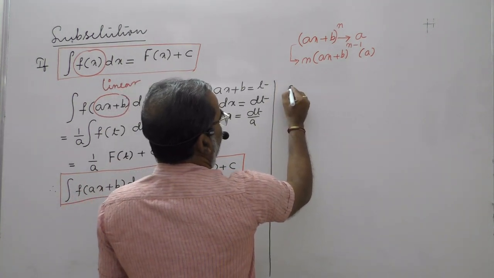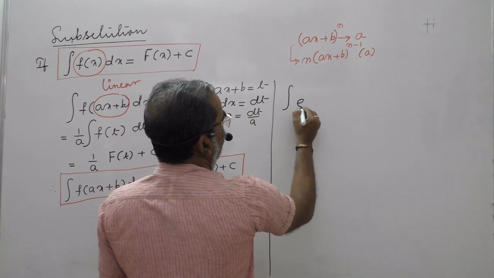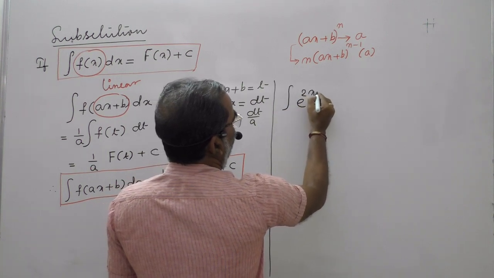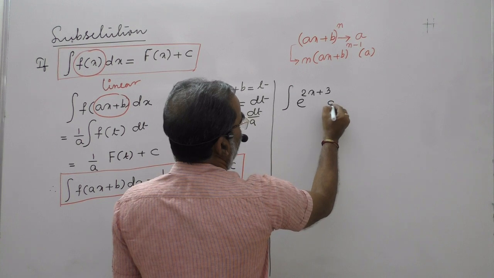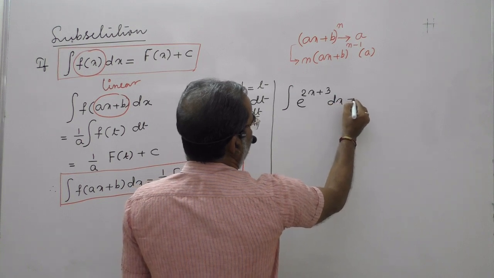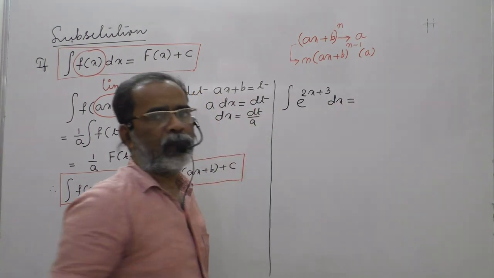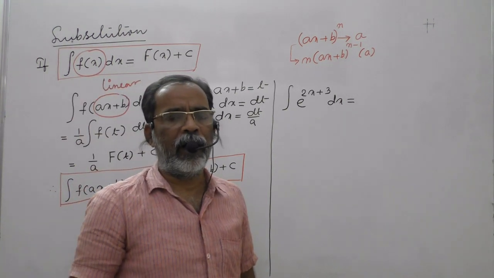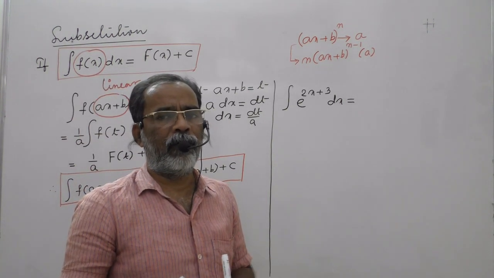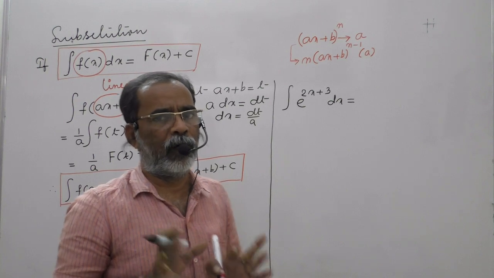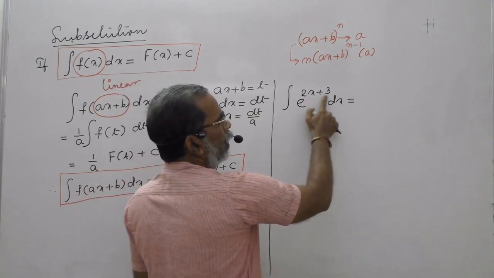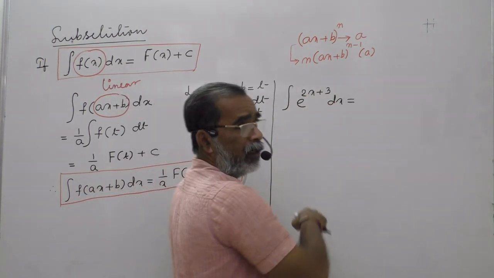I will take one example. Integral e power 2x plus 3 into dx. What is this? For this, its standard integrand is e power x. For e power x, we have a formula. So, what is there in place of x? It is linear.